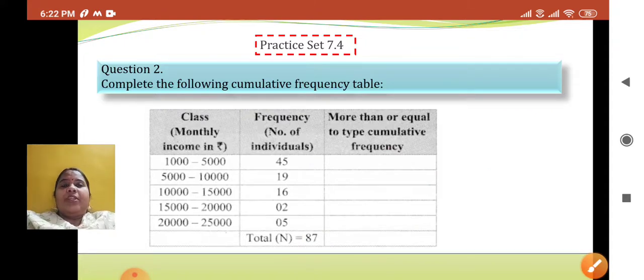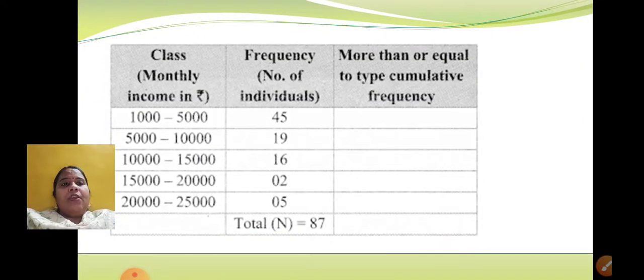So this is a question where I have to complete the table. Let's see how it can be done. As I have told you, what is the first thing to be done? The total of frequencies that I have got here, that is 87, shown in the table, should be the first value here. So 87 is written as it is. Then what is to be done? From 87 subtract the frequency of that class. 87 minus 45, correct?